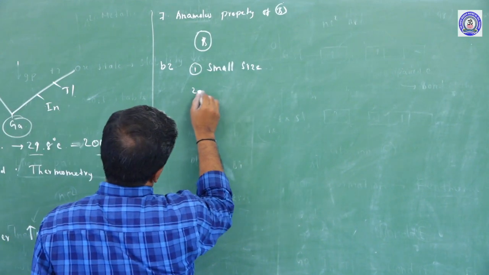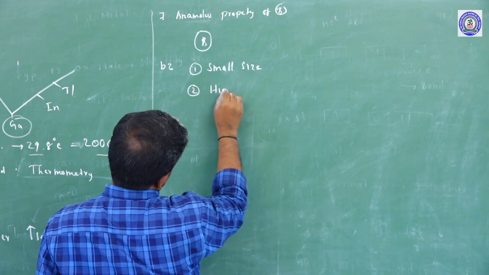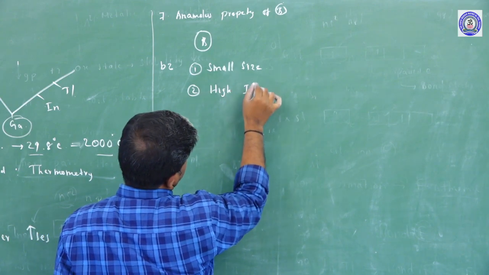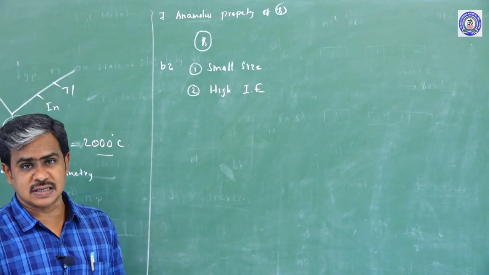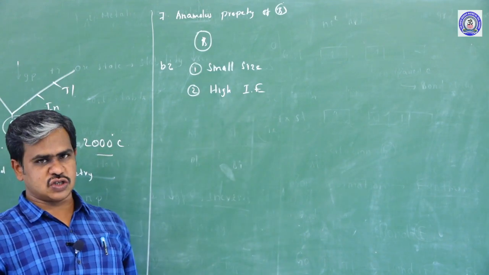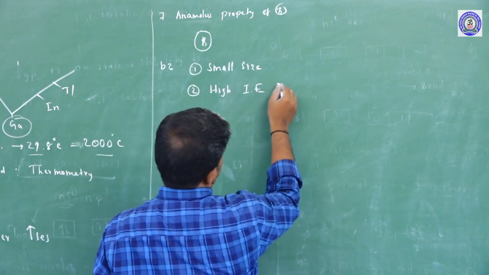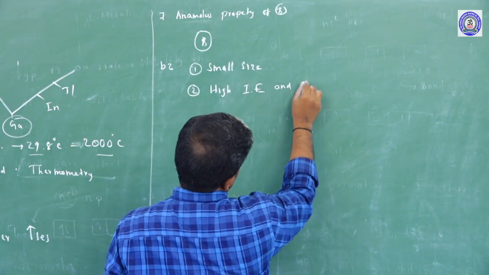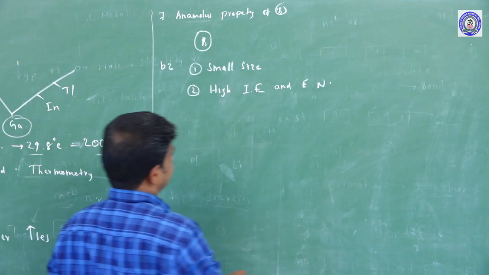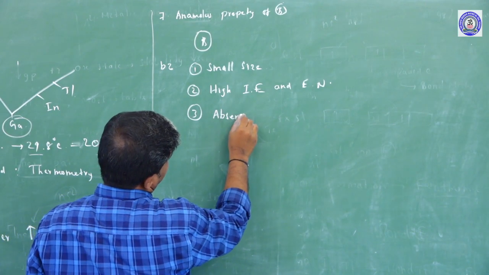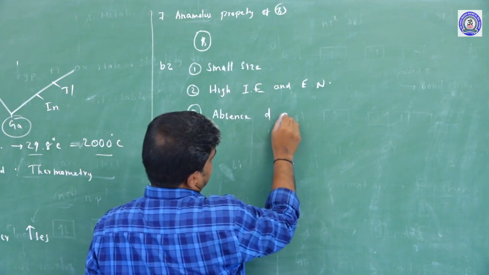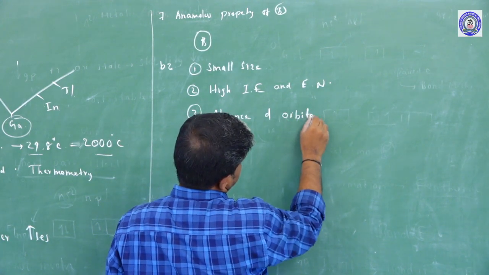And the second one, it has high ionization energy. We already saw that B3+ does not exist because of high ionization energy, and high electronegativity. And the third one is the absence of d orbital.